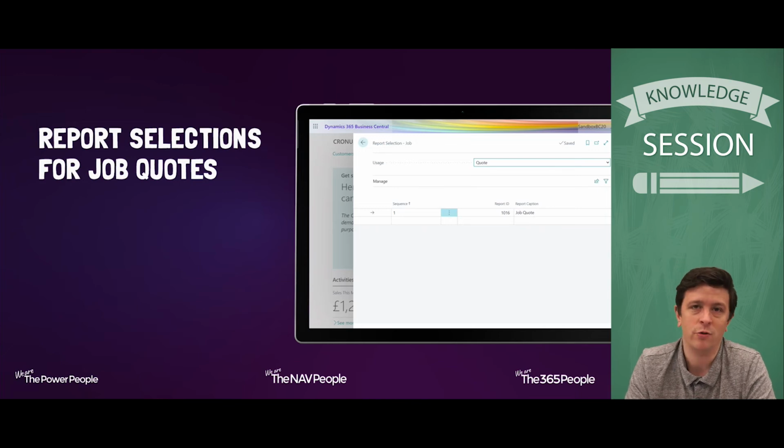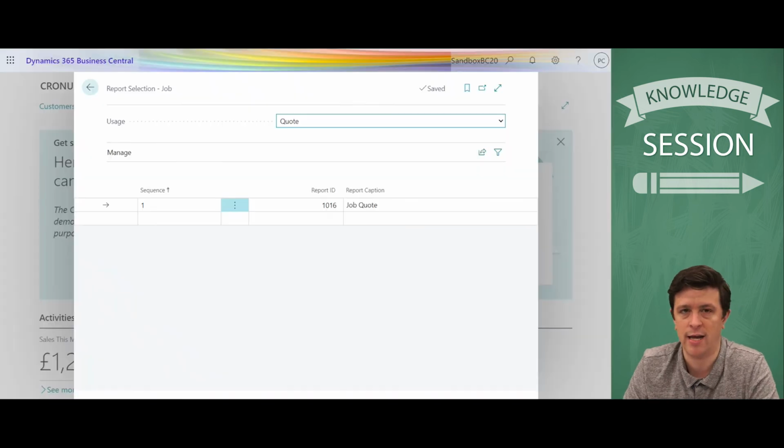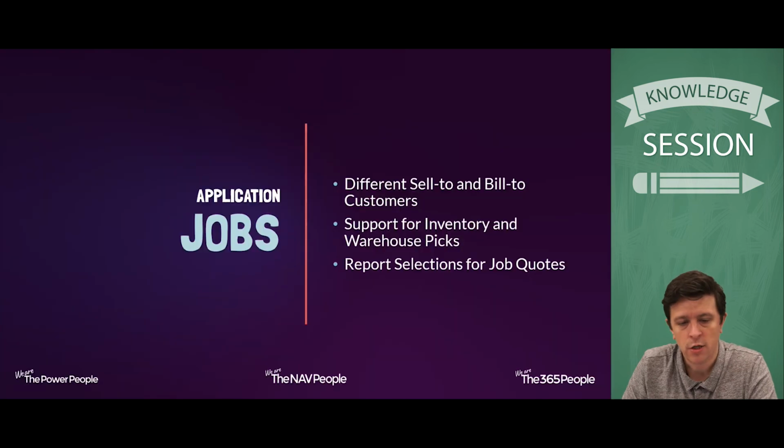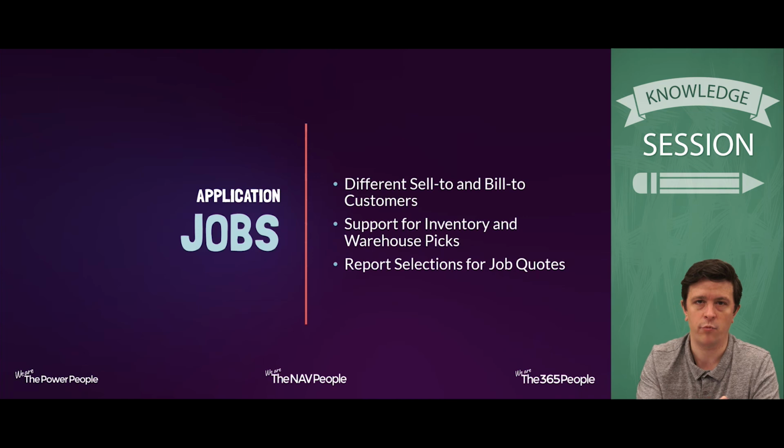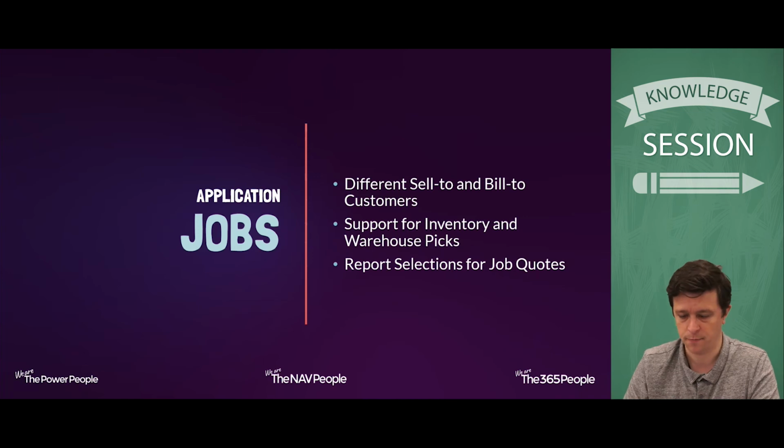One of the limitations previously was you couldn't specify different report layouts for those various job quote documents. So now it's been added into the standard report section functionality. You can choose which report ID to use for job quotes. So jobs has had some significant functionality improvements in terms of the inventory and warehouse picks, but also some minor mods to kind of bring it in line with the sales functionality of the system.